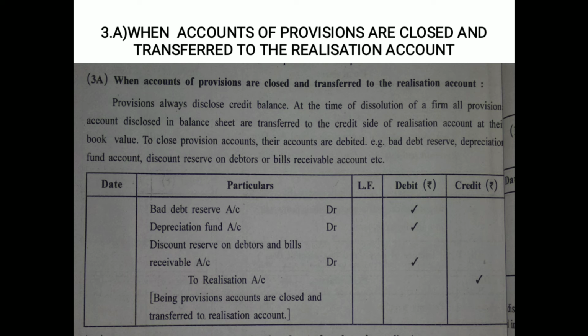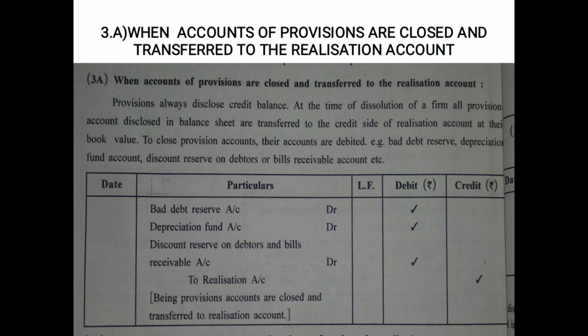So bad debt reserve account debit, depreciation fund account debit, discount reserve on debtors and bills receivable account debit to realization account. So these are the provisions. They have been debited because their accounts are to be closed and are to be credited to realization account.